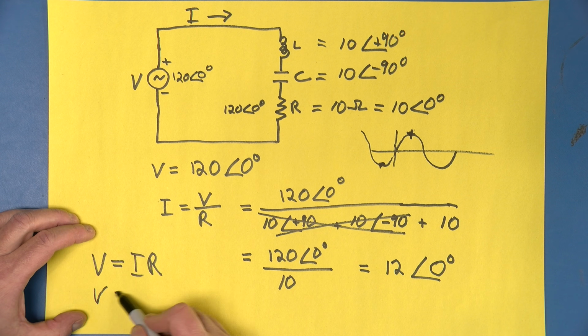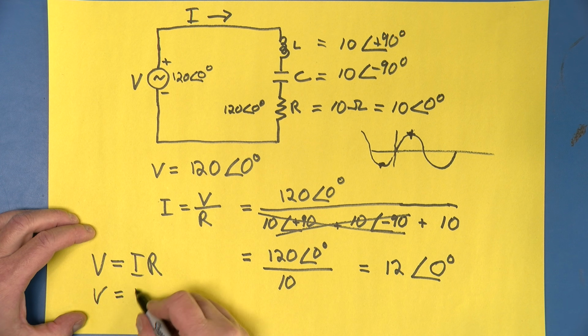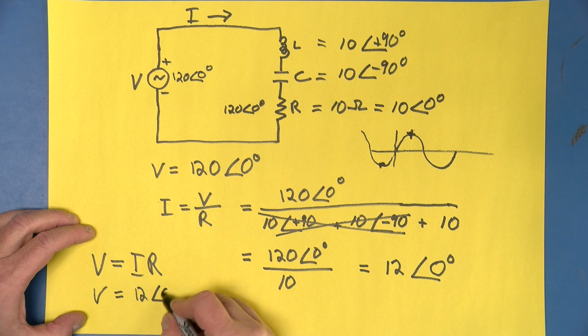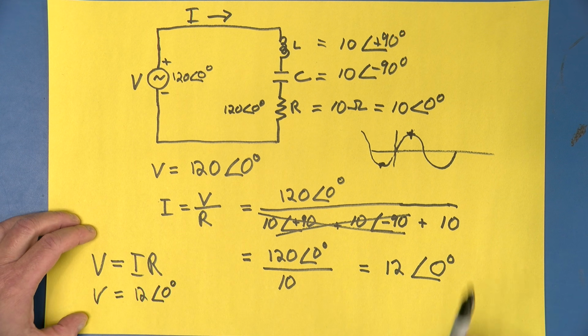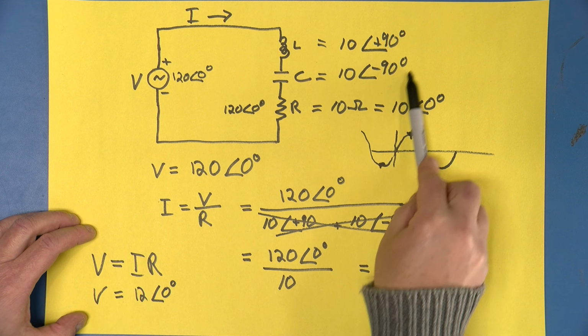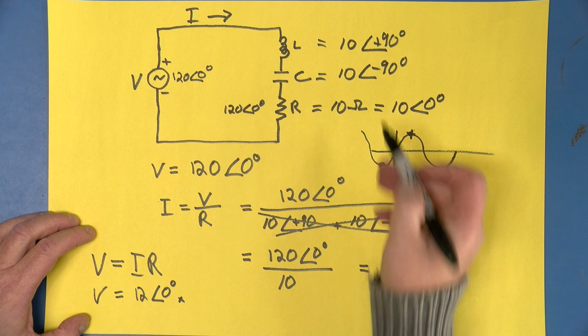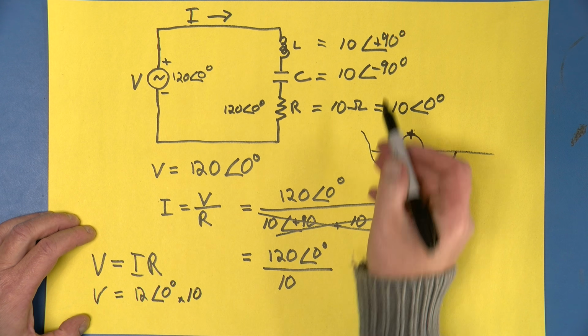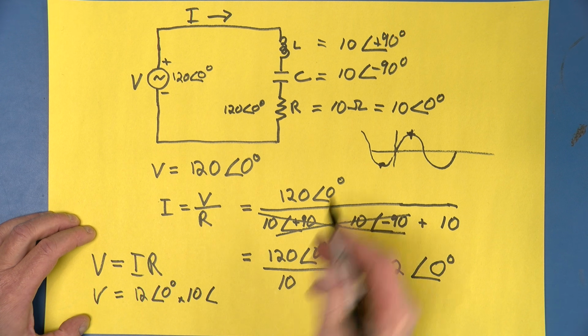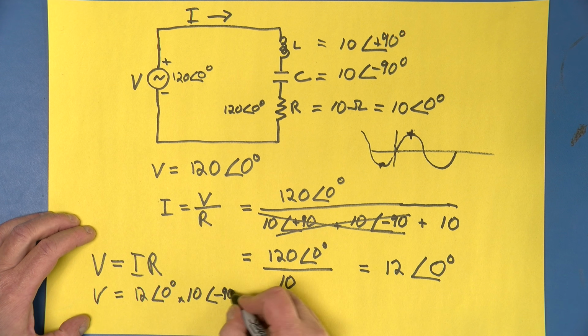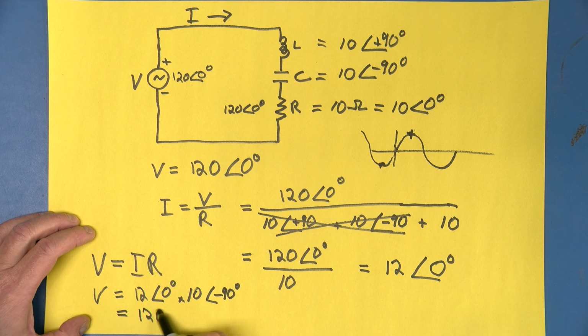Well, V equals I, so 12 at an angle of 0 degrees, times the reactance of the capacitor. So it's times 10 at an angle of minus 90 degrees. And you put all of that together, what do you get? You get 120 at an angle of minus 90 degrees.